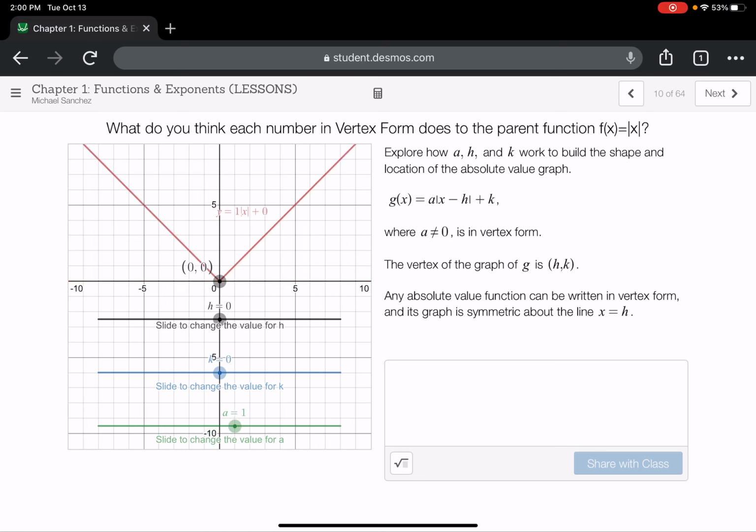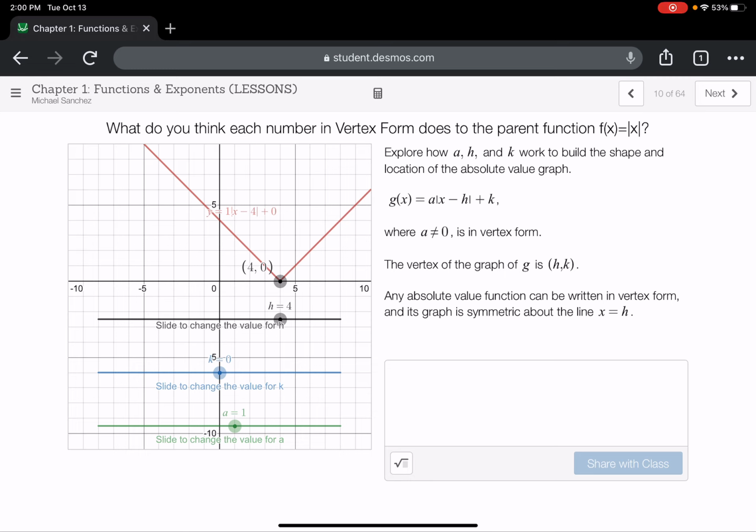Right? And we haven't talked about what changes with h and k, other than it is the location of the vertex. So the vertex is this black point right there. So if I change the value of h, that moves the graph left and right. It's our horizontal shift. So remember that h is the first value of the vertex, right?